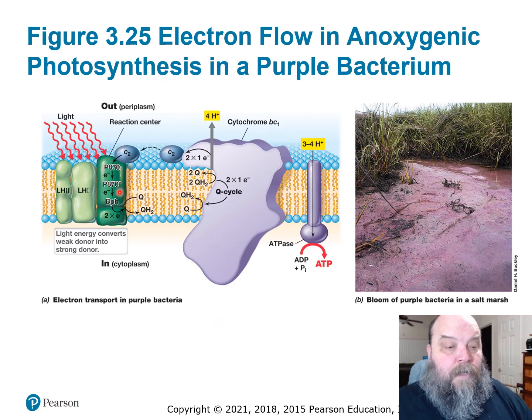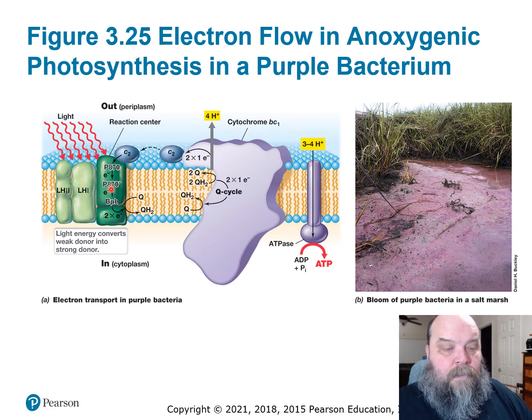Take an example right here. This purple bacterium, and I cannot remember the name of. No, I don't have it. But anyways, photons of light, photons of energy hit the pigments, excite the pigments.